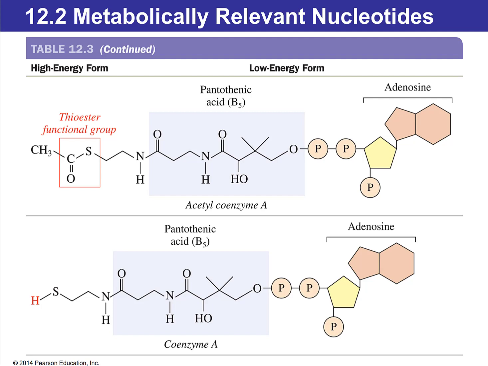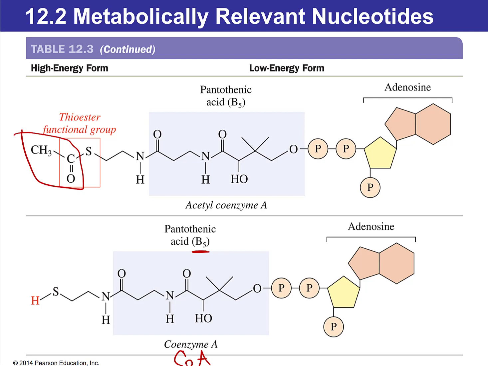The last one in there is called coenzyme A. Coenzyme A is another B vitamin. It's made with pantothenic acid, which is B5. So 3 different B vitamins are all involved in this processing. We just call it CoA, as coenzyme A is a really long word. Its job is to pick off a 2-carbon group.